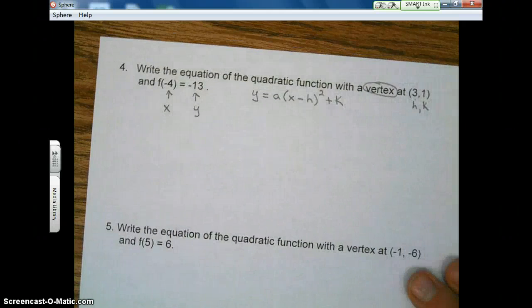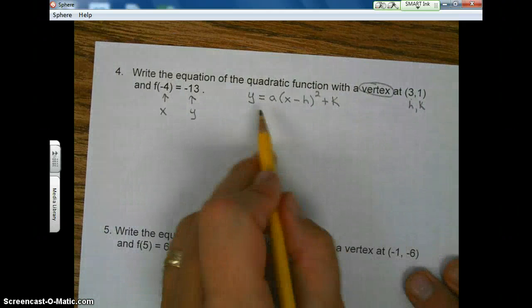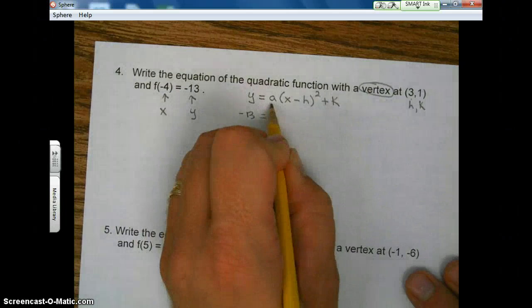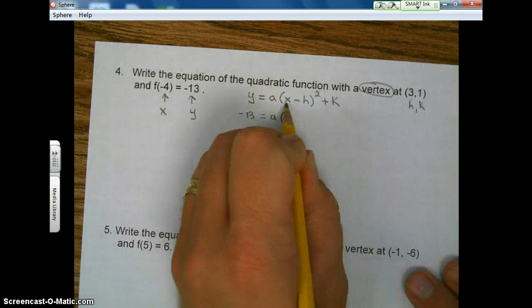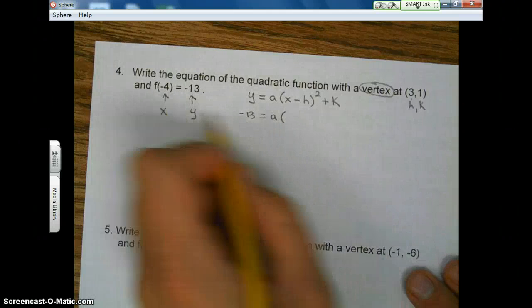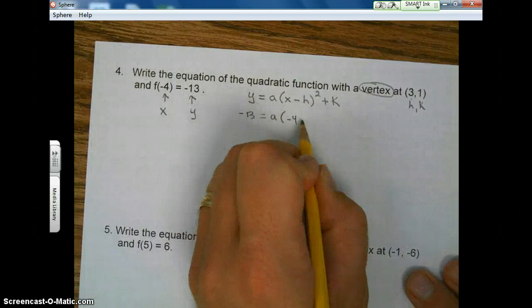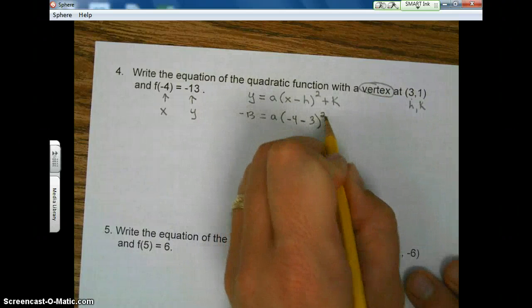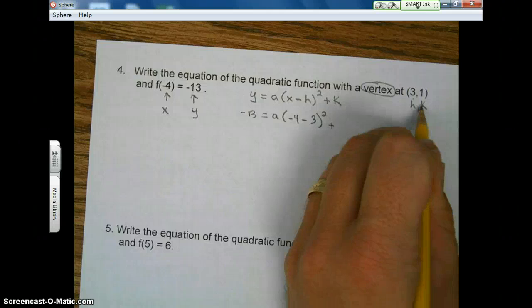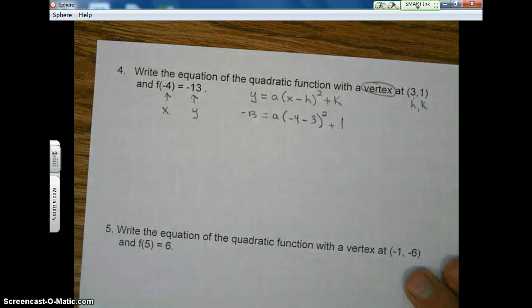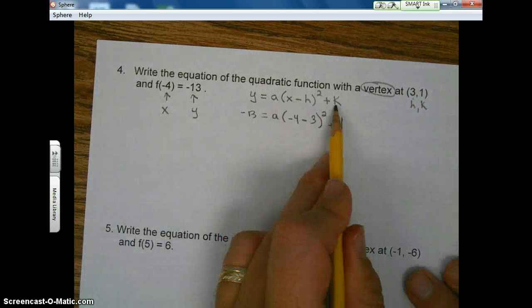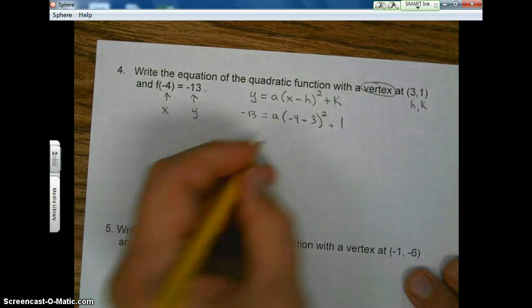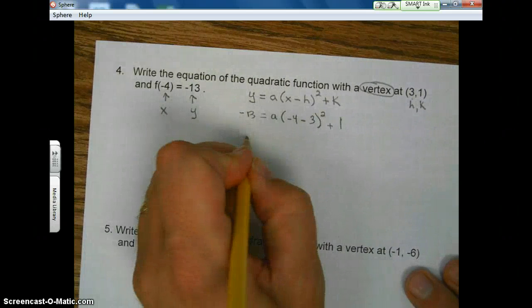Let's plug in the information we're given. y is negative 13. a, don't know. x, negative 4, minus h, which is 3, plus k, which is 1. So this is a substitution property. When you substitute in a number for a letter, you're substituting. We just need to solve this for a.